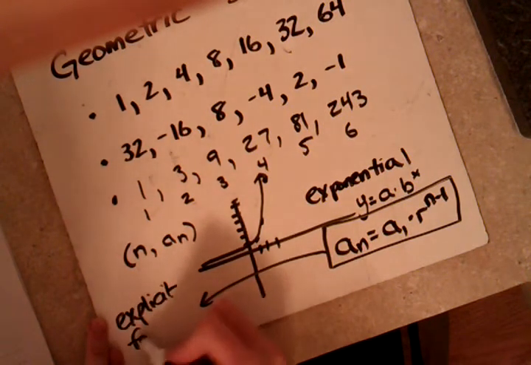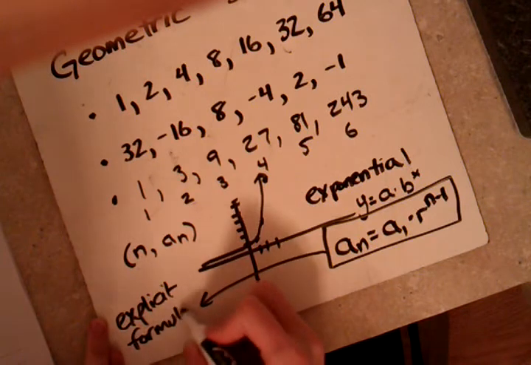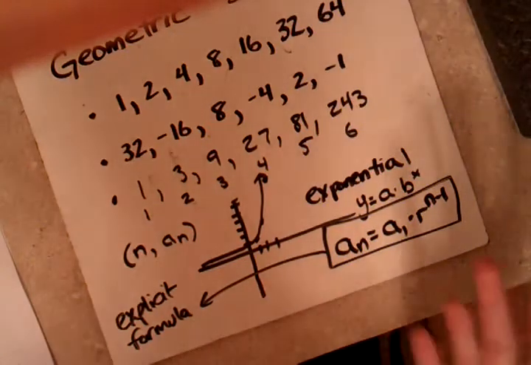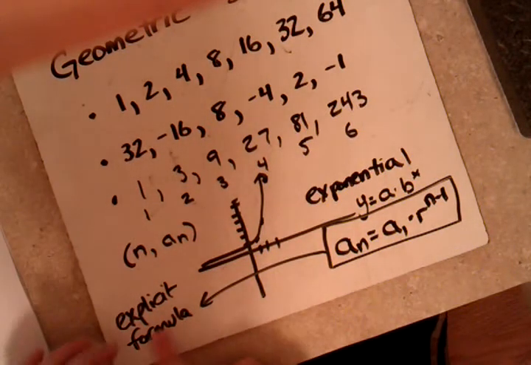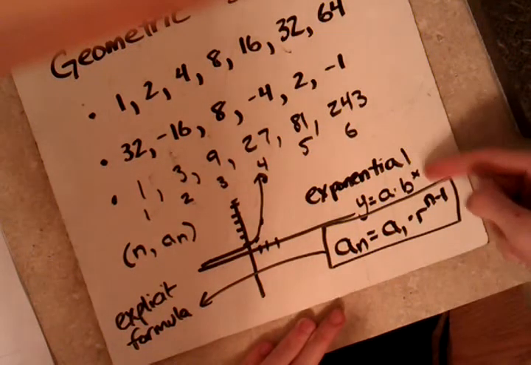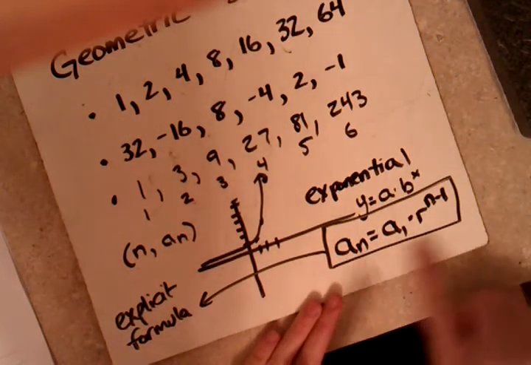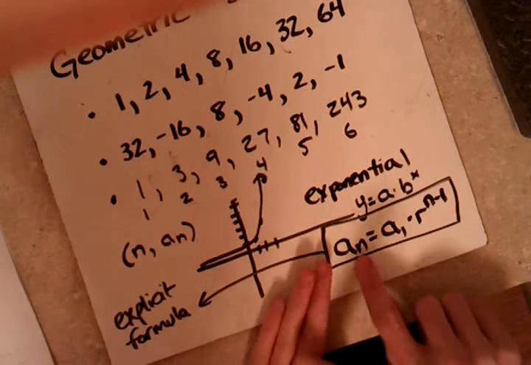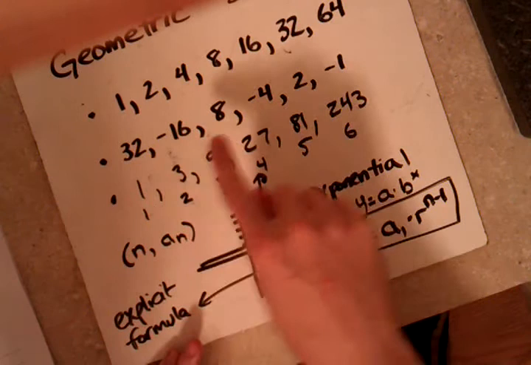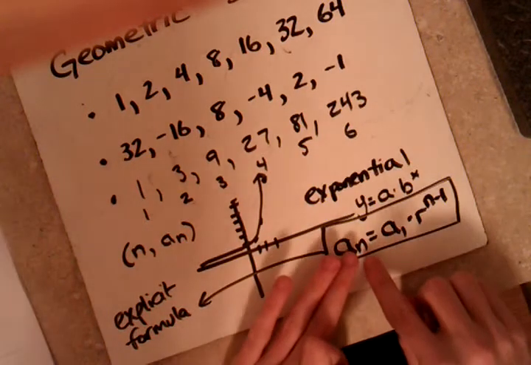So we talked about the explicit formula for an arithmetic sequence was just y equals mx plus b. Well, the explicit formula for a geometric sequence just looks like the exponential function, a times b to the x. We write it using this notation here. A sub n represents the term number, like 1, 3, 9, 27, except it would be the nth number.